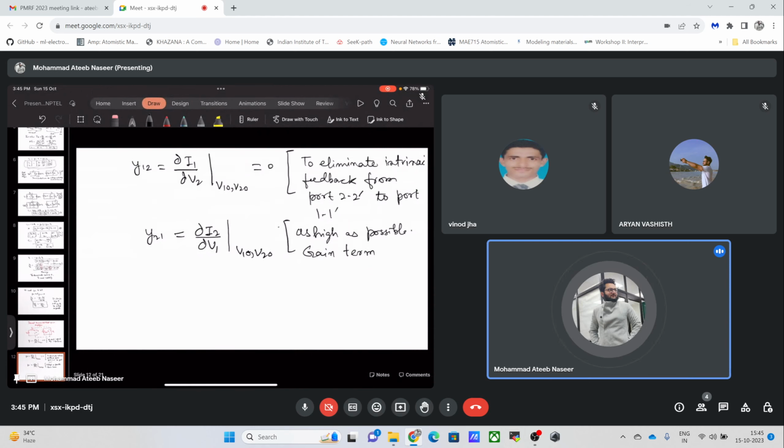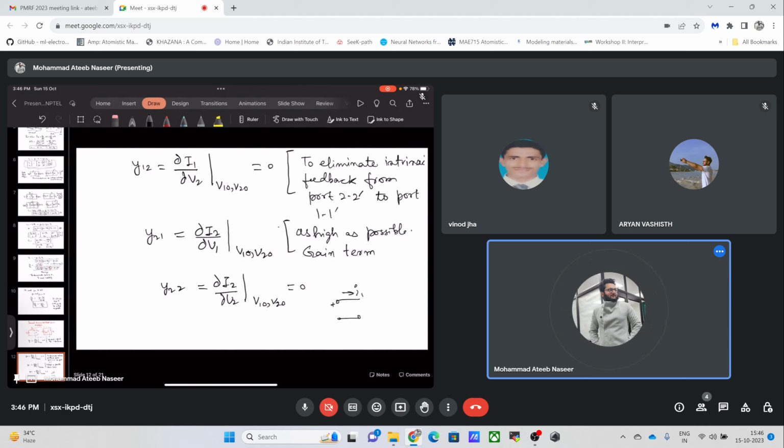And similarly, we want y22, which is di2 with dv2, the change, to be equal to 0 as well. So it simply means that our incremental model will look like this. This is I1, for example.